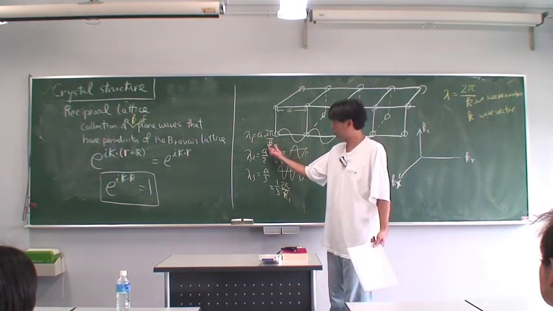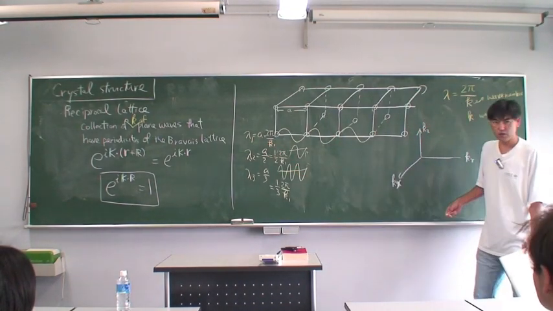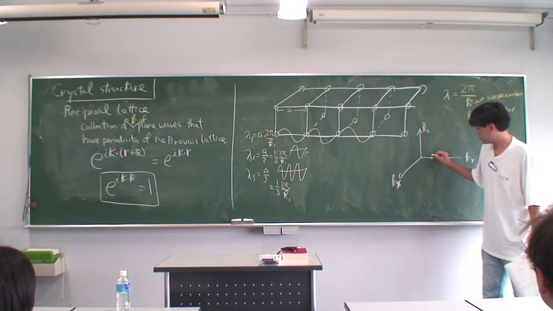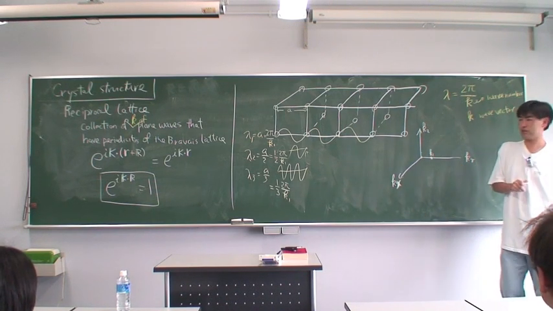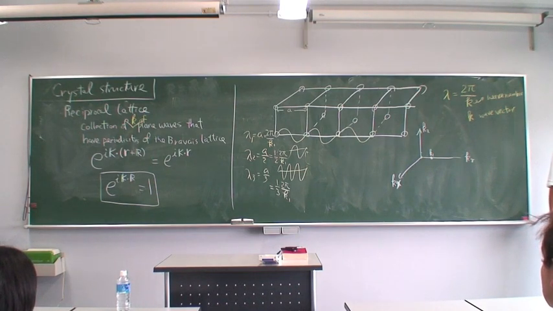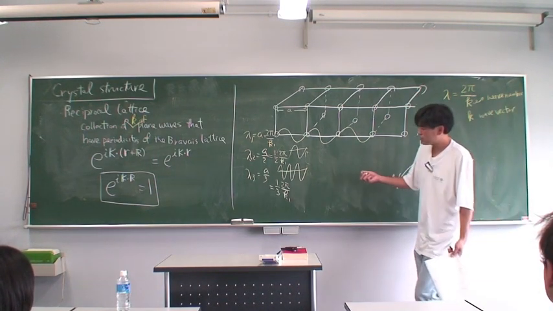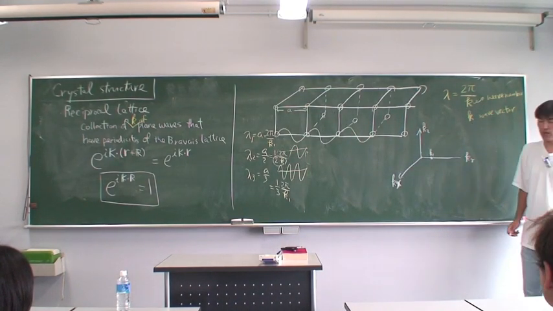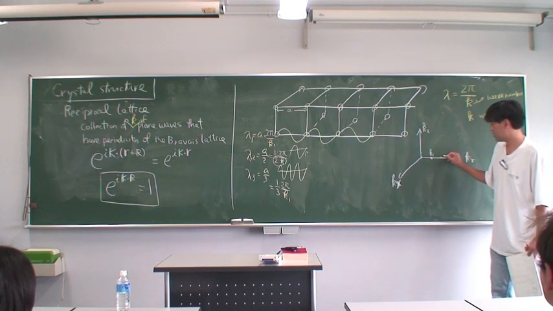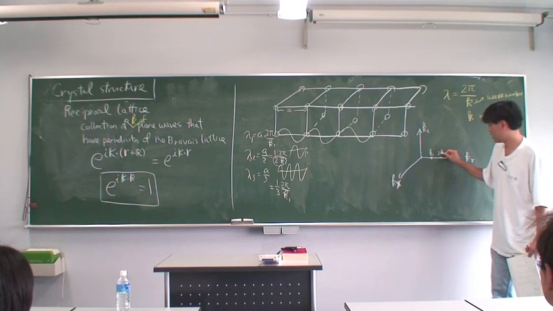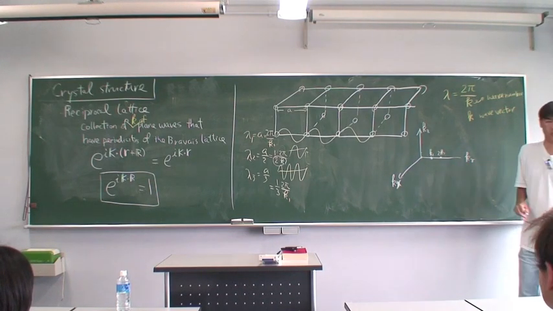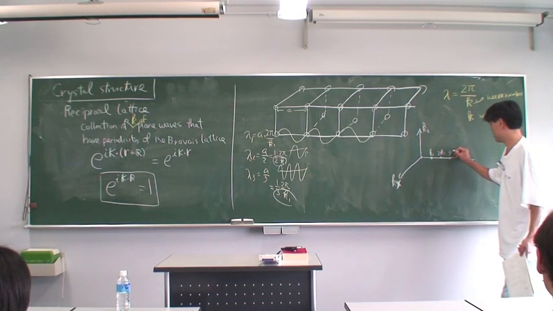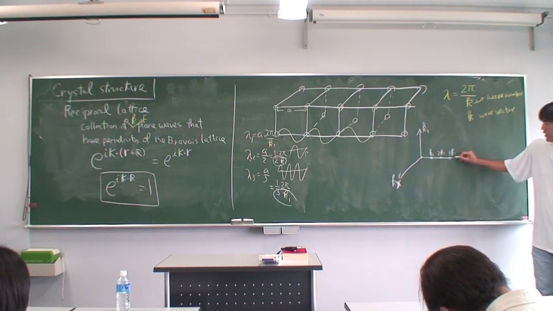In the y direction, we have k1. Starting from the origin, we have points at k1 in the y direction. The next one is here, 2k1. We have another point, 3k1. And in fact, it goes on forever.